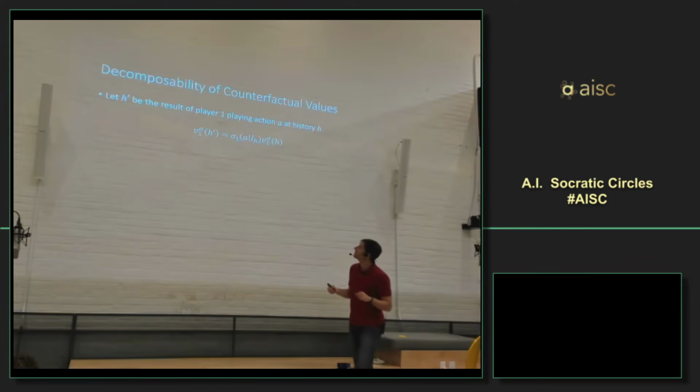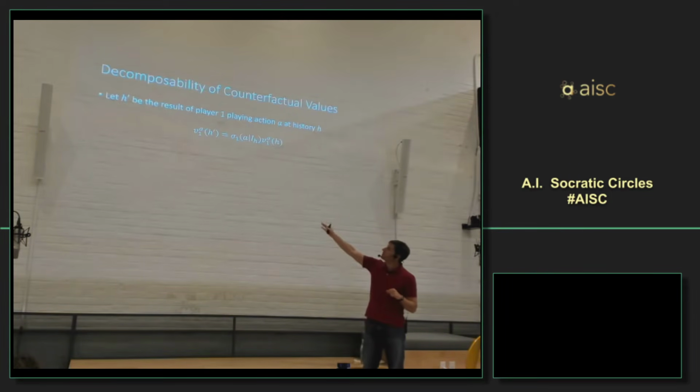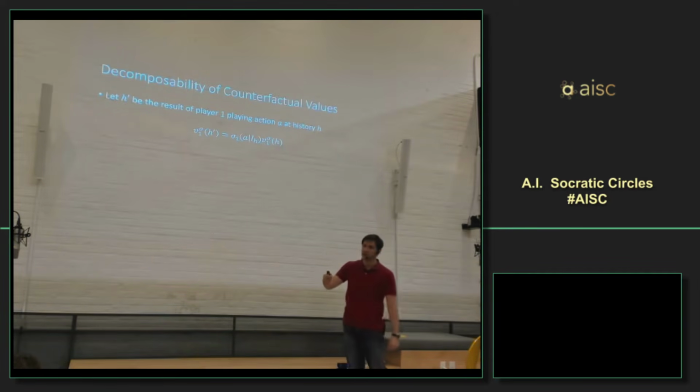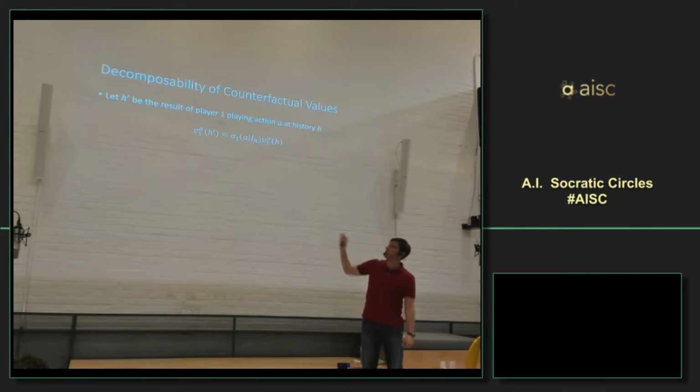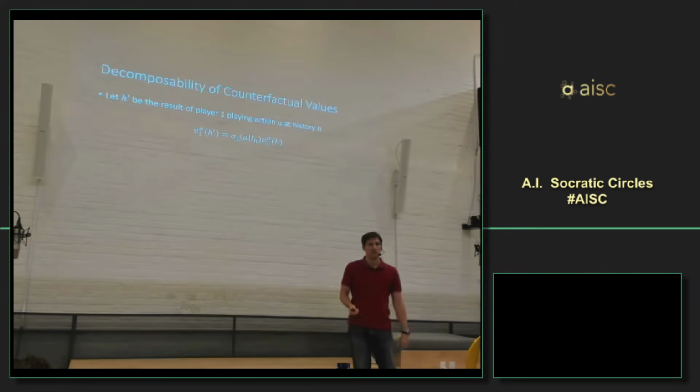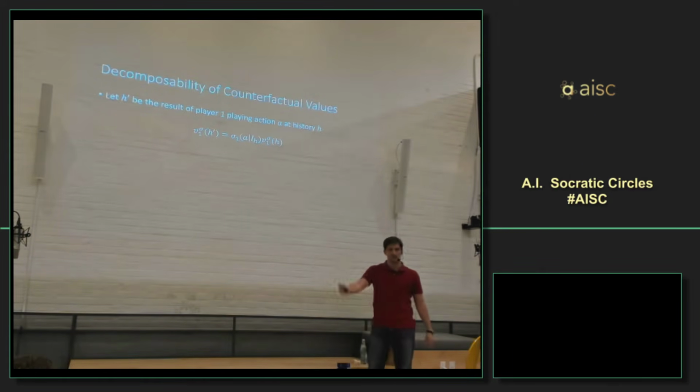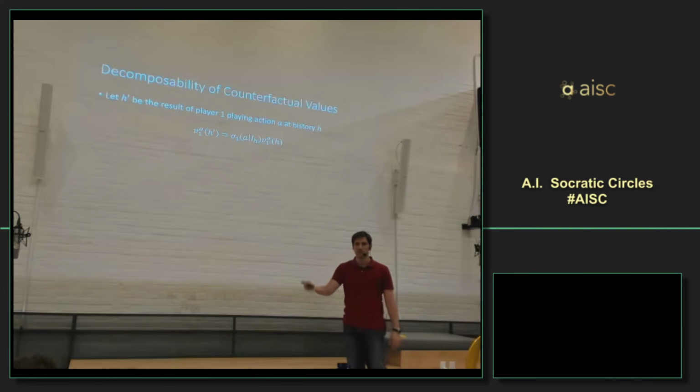So I can say, for example, that if H prime is the history given by H plus one more action, then the counterfactual value of H prime is going to be equal to the counterfactual value of H multiplied by my probability of taking that action. The actual details are not too important. It's more this decomposability, and you can kind of see where I'm going with this.